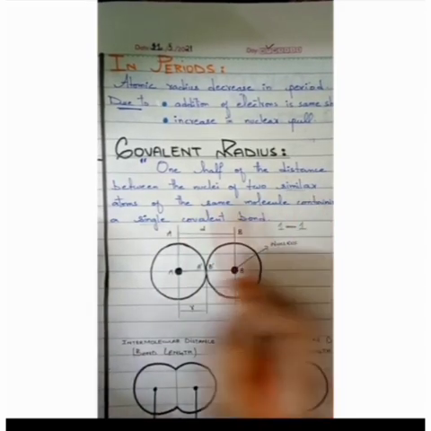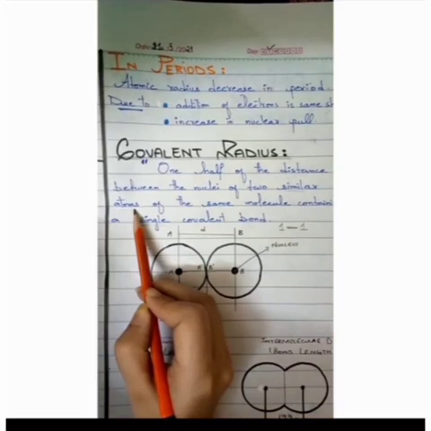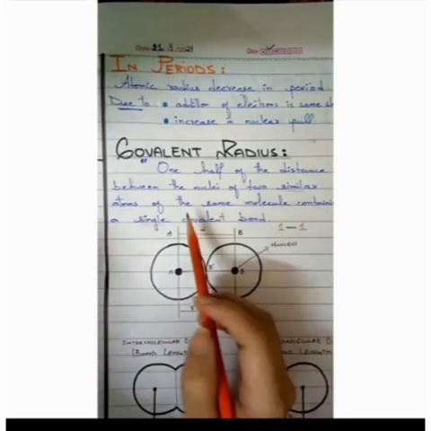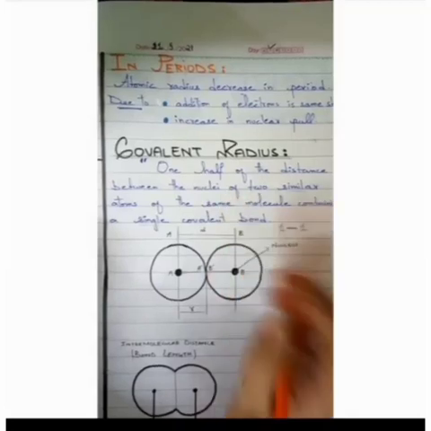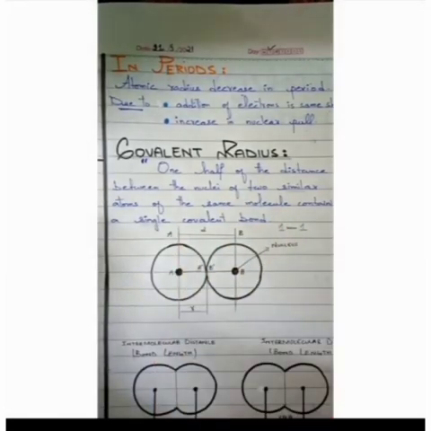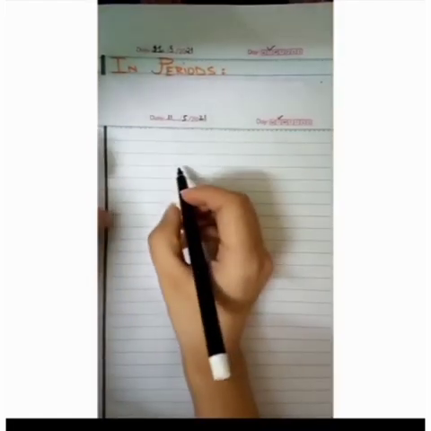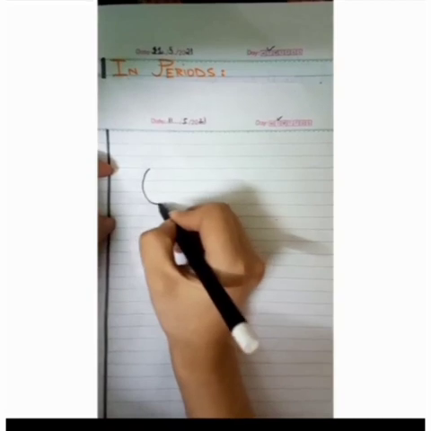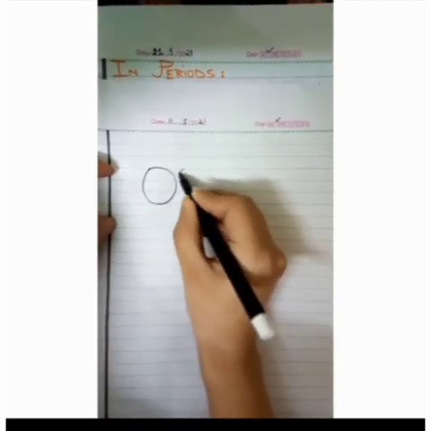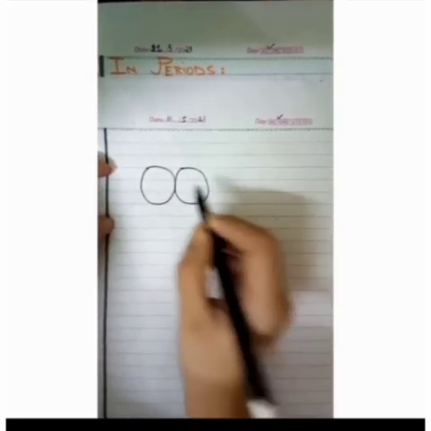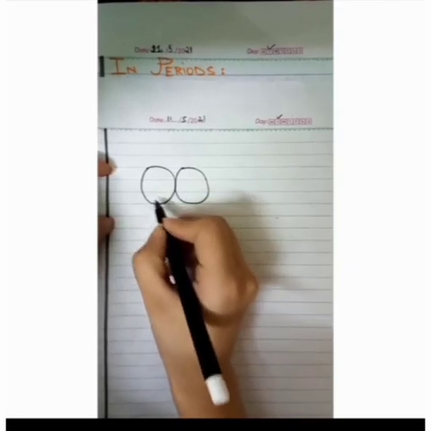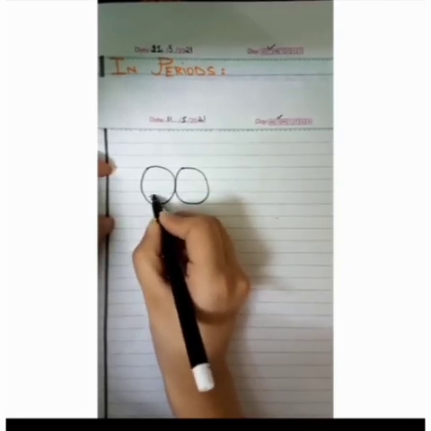Okay, similar atoms mean एक जैसे atoms. One half of the distance between the nuclei. Okay, we have to know what is meant by one half of the distance. Here I have a structure of two similar atoms, that is hydrogen.